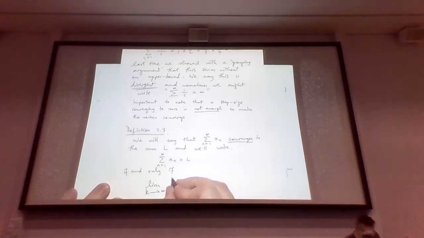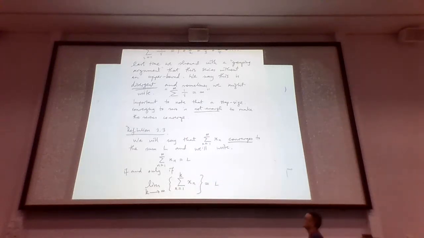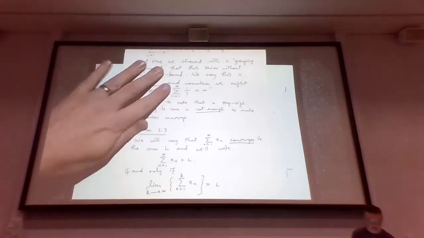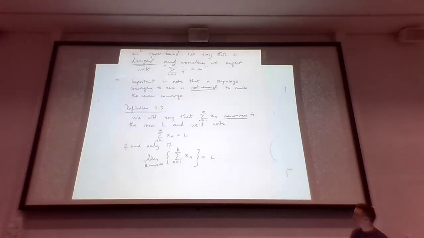The sequence we use is the sequence of partial sums. Not the whole series, but just adding up the first k terms. So this object here inside the curly brackets is the kth element of the sequence of partial sums. And if that sequence of partial sums converges to the limit L, that's what we mean by saying that the series converges.